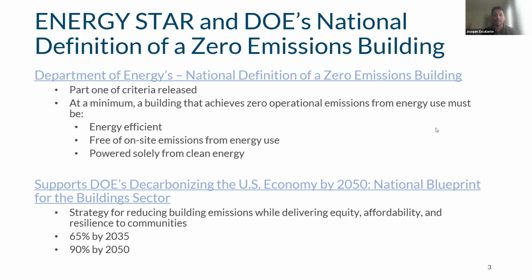That outlines a strategy for reducing building emissions for communities, and reducing that by 65% by 2035, and then 90% by 2050. And again, these links, this PowerPoint slide and the recording will be sent out to those in the webinar after the webinar in a follow-up email.